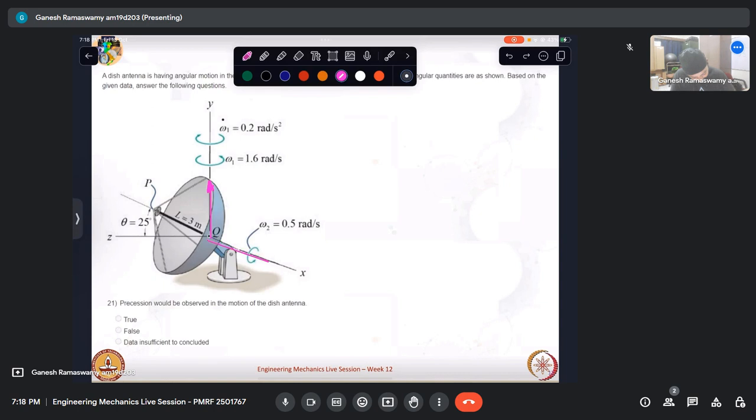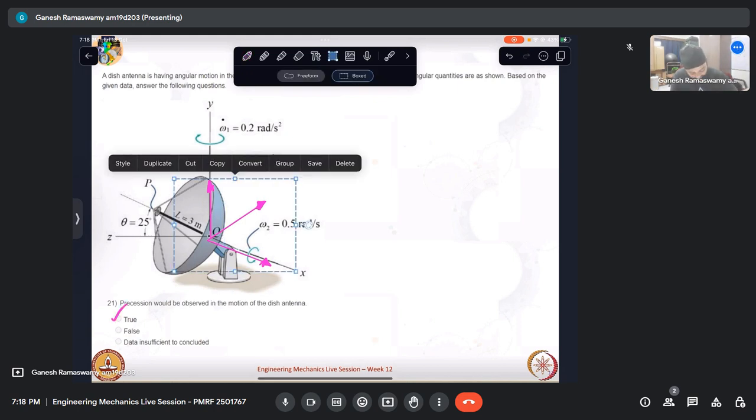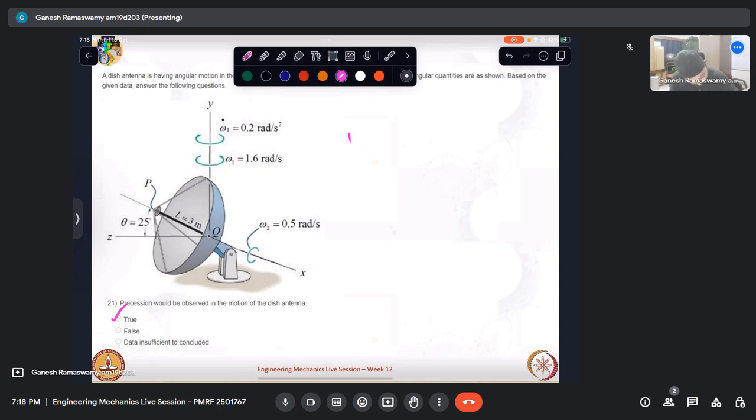So its actual angular velocity vector is like this. At some next instant, it will be in some other plane because of this directional change. Because of the rotation of this, it is actually changing its direction. So yes, it will be observed, because of the change in the direction of the axis.